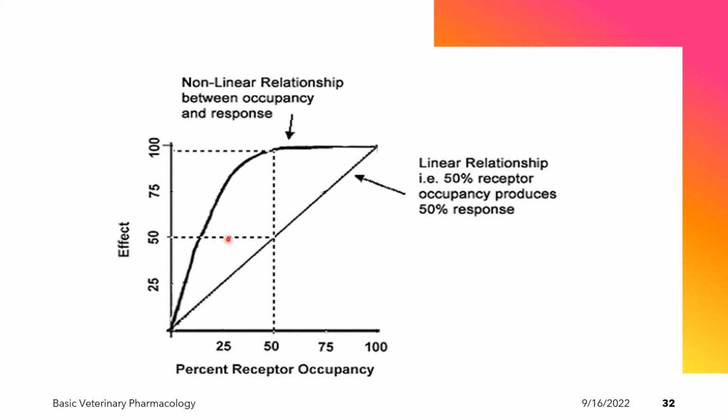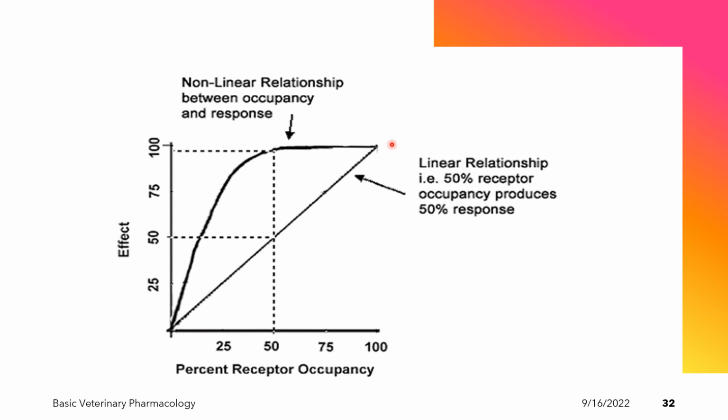As you can see here, in this linear relationship, there is a 1-to-1 ratio or proportion. Meaning that for every 50% of the receptors that has been occupied, there is also a 50% maximum effect that is achieved.